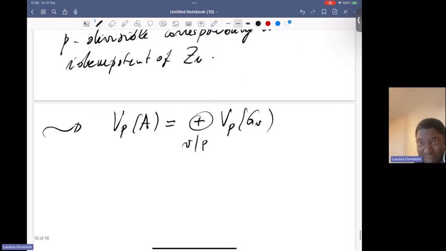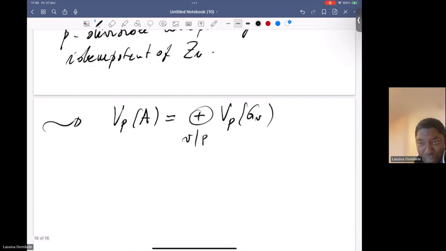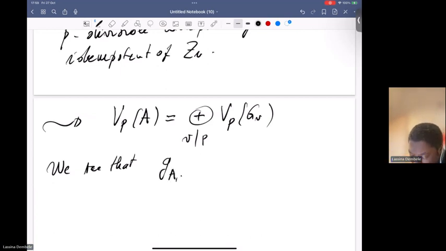And now the key fact is that if we take GAV of F to the N, this is an element of our algebra.